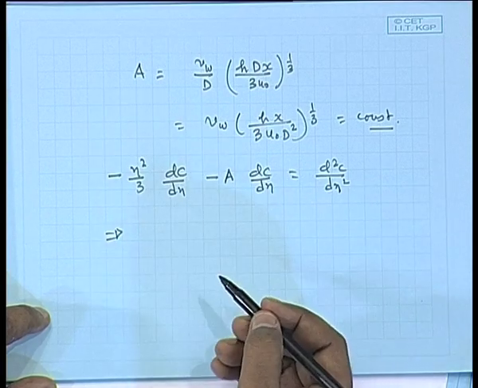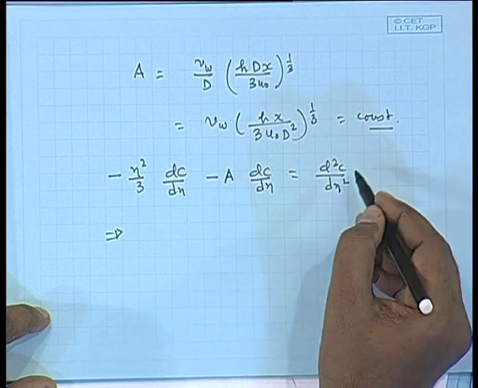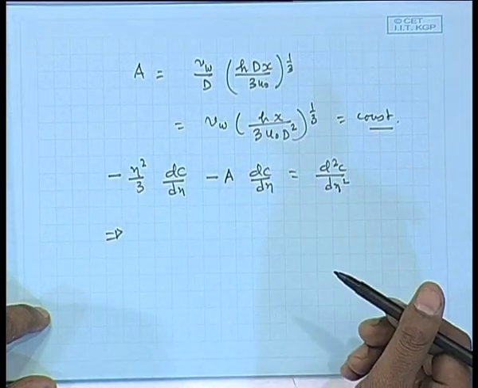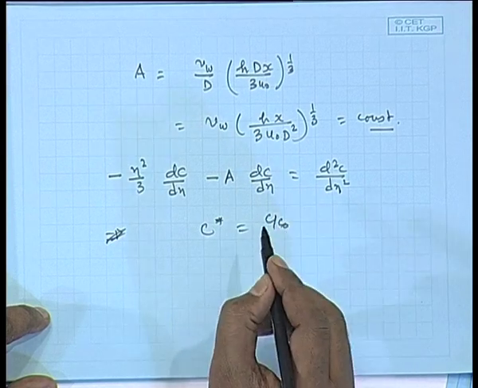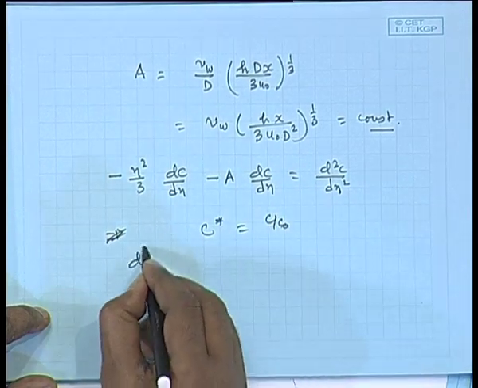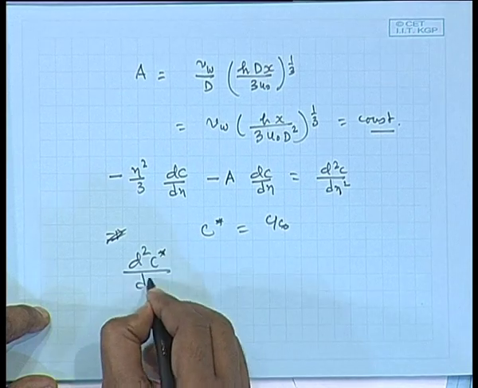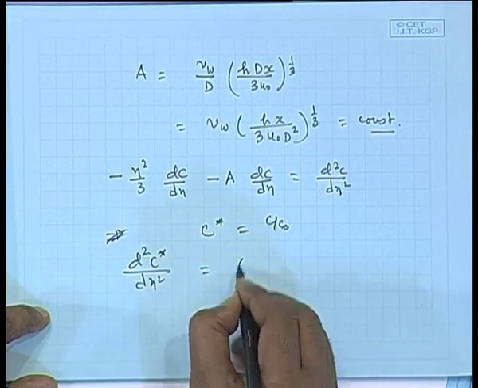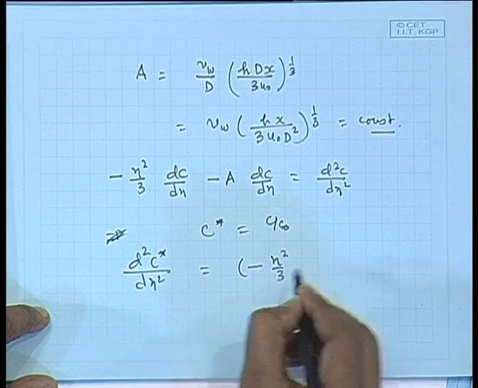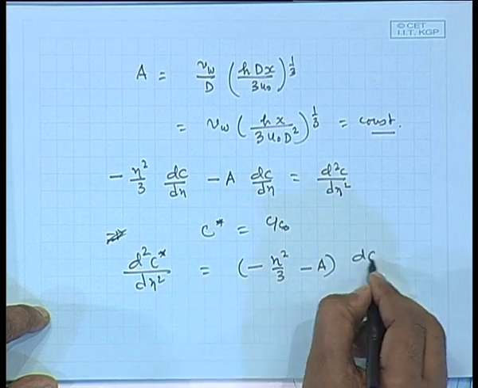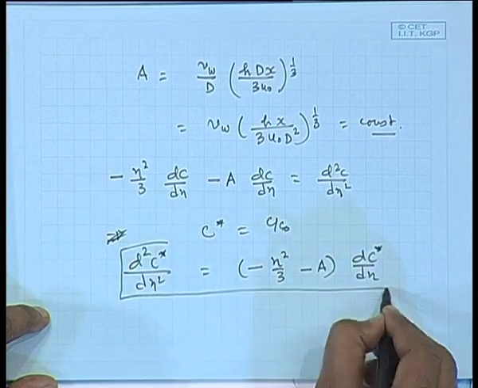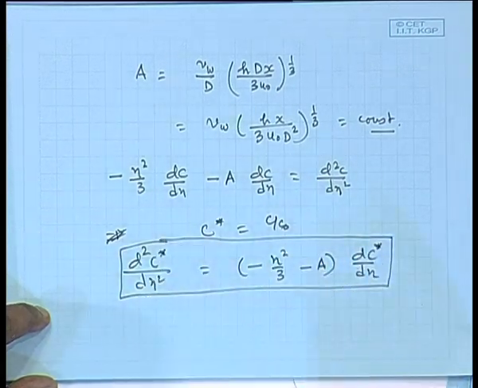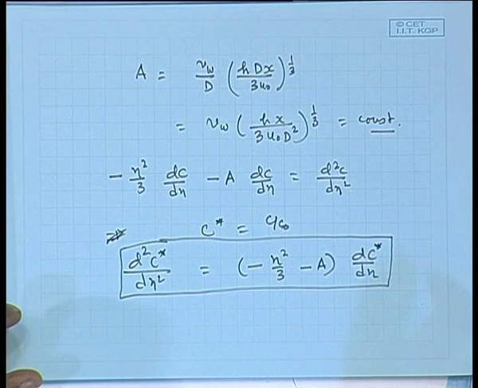So, let us make it non-dimensional by dividing both sides by C0. Let us define C star equal to C by C0. If you do that, then it becomes d square C star d eta square is equal to minus (eta square by 3 plus A) d C star d eta. So, this is the fate of your governing equation, which was a parabolic partial differential equation. It has become a second order ordinary differential equation.